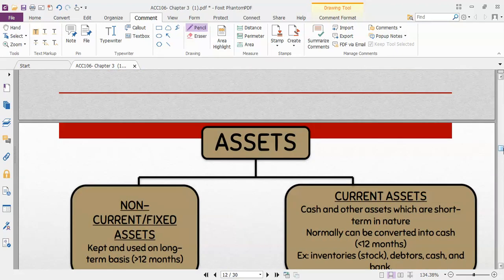Alright. So, kita dah tahu apa dia aset. But then, okay, we must know the categories of the asset itself. Okay. So, dekat sini dia kata asset is consist of two things. The first one is non-current asset. You kena familiar lah dengan nama-nama categories of assets ni. Okay, bukan saja aset ni ada satu perkara je, tapi dia ada dua categories.